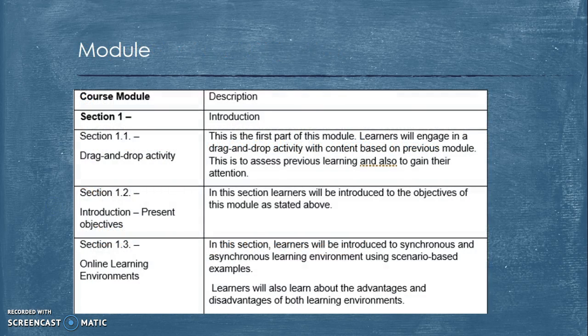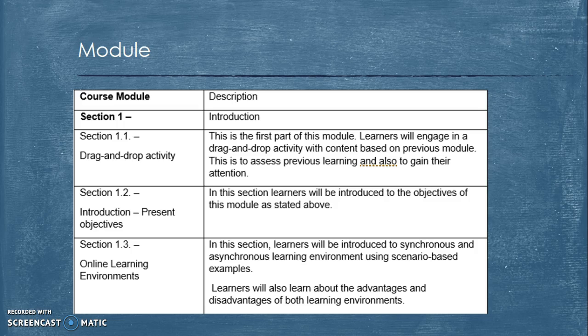So the project in this case is subdivided into 3 sections. The first section is going to introduce them to what they already know. So it's going to start with a drag and drop activity.